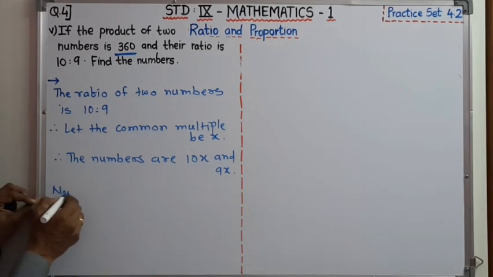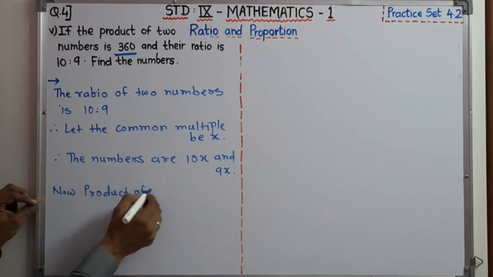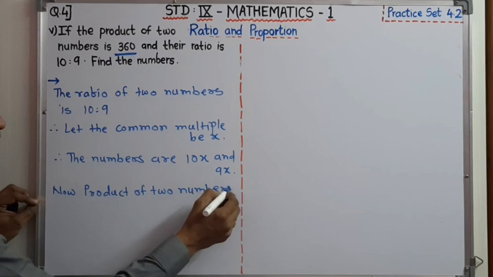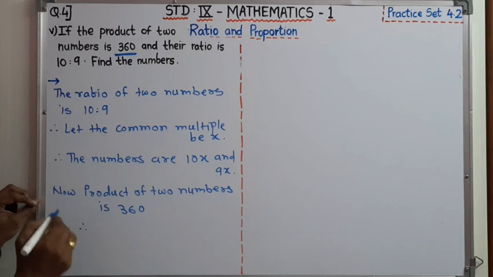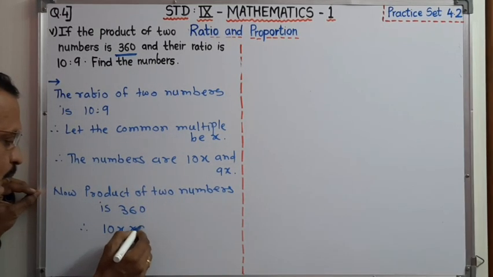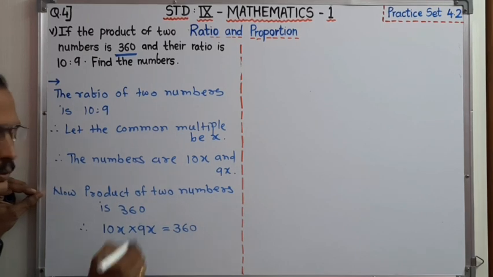Now, product of two numbers is 360. Therefore, what we have to write? 10x into 9x is equal to 360.